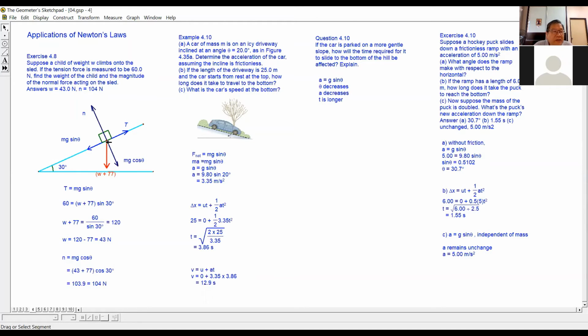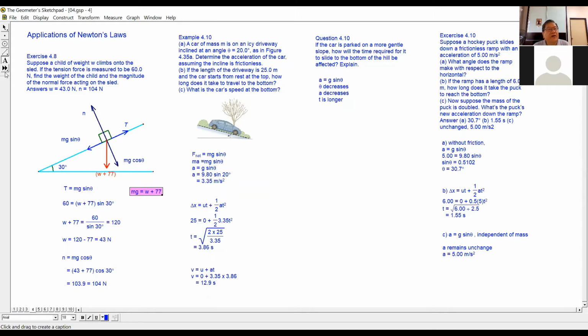When the child climbed into this sled, the combined weight of the child and the sled is not 77, but is W plus 77. So all the mg is actually the weight of the child plus the 77, the weight of the carriage.